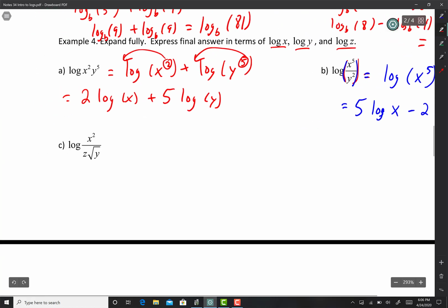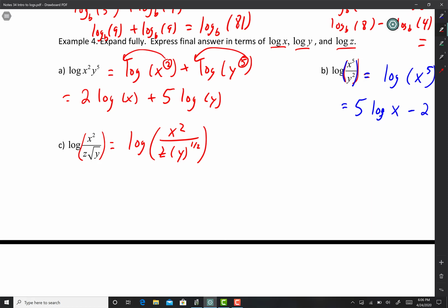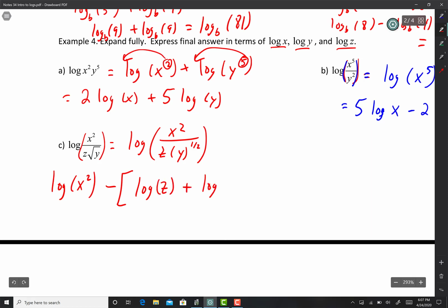All right. This one here, first thing I'm going to do is write this as log of x squared over z times y to the half. Why did I do that? I have a square root on it, guys. So square root in terms of a power means half. So now I'm ready. Now I'm going to write log of x squared minus giant bracket, or giant parenthesis, whatever you think is easier for you, log of z plus log of y to the half.